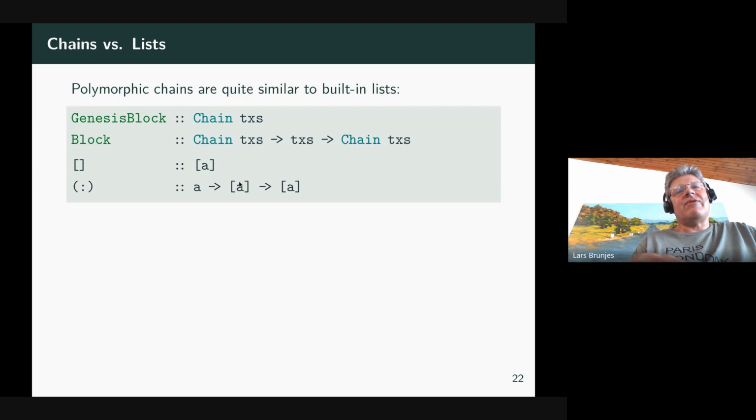Here it's the other way around. This is pronounced cons. You first have the element, then the list, and then you construct a new list. This is also called the head of the list, and this is called the tail of the list. So given a head and a tail, you construct a new list.